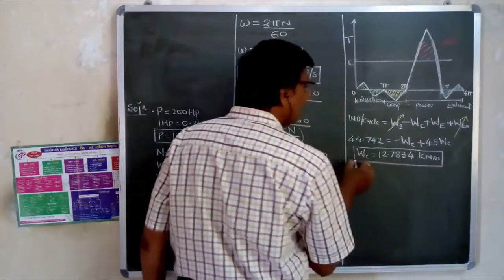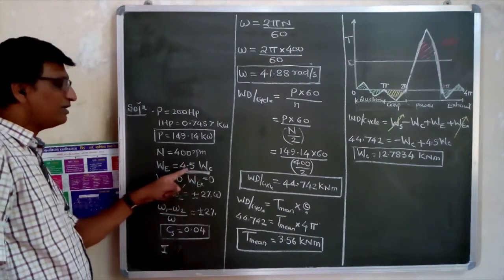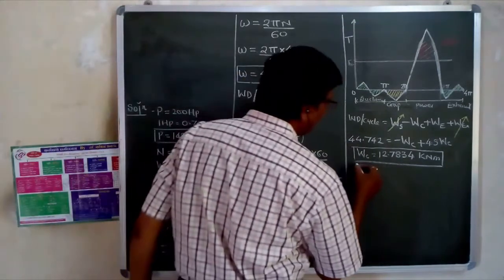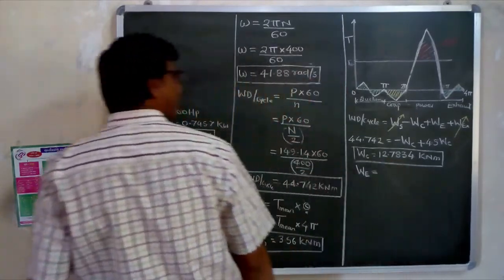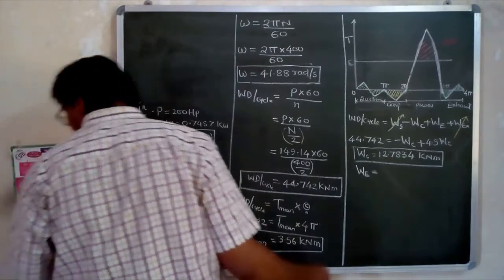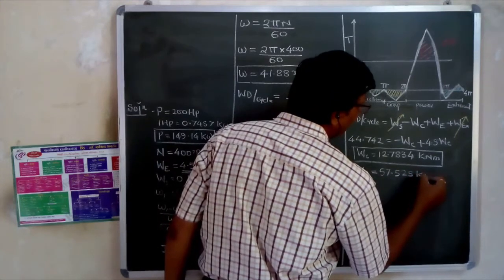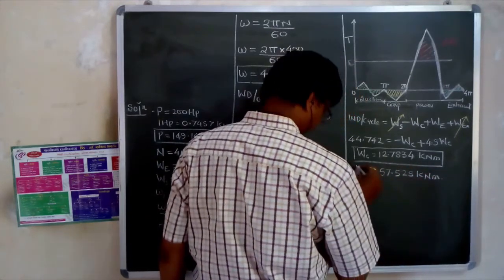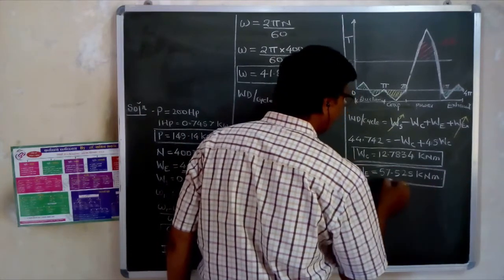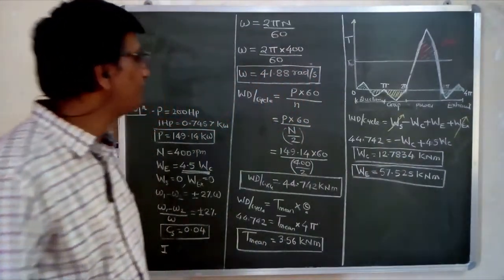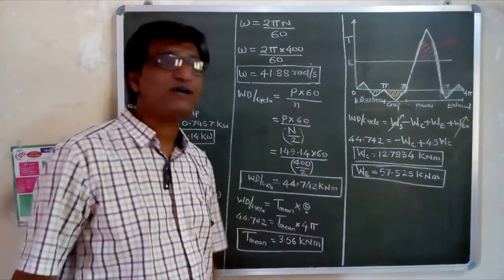Now similarly, you can find the work during expansion, because you know the work during compression multiplied by 4.5 gives the work during expansion, and that comes out to be 12.7834 into 4.5, which is 57.525 kilonewton meter. Done. So as you see, the work during expansion is 57.525 kilonewton meter.